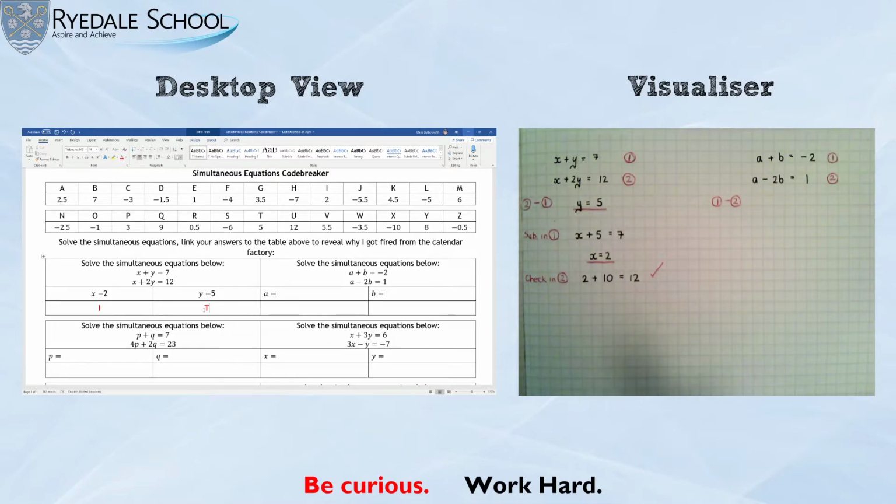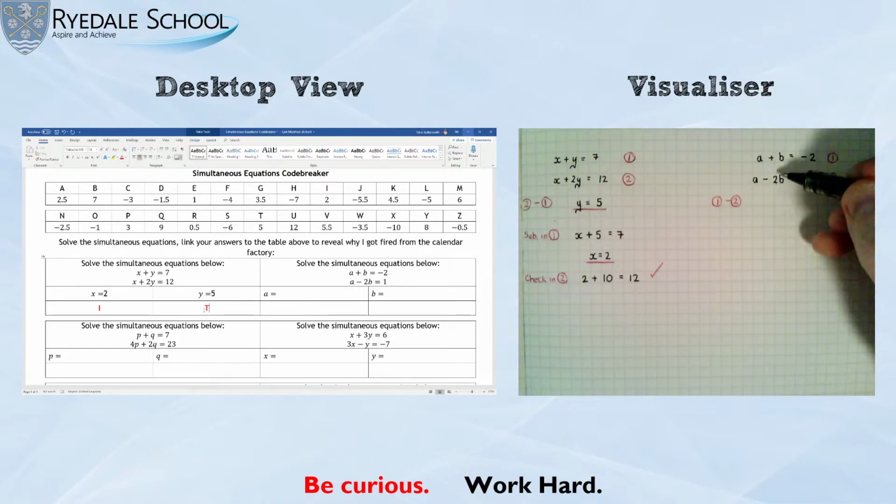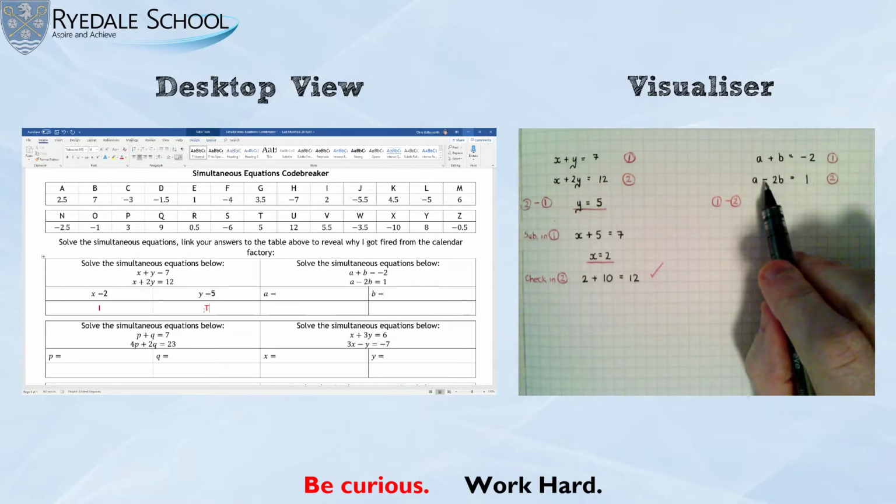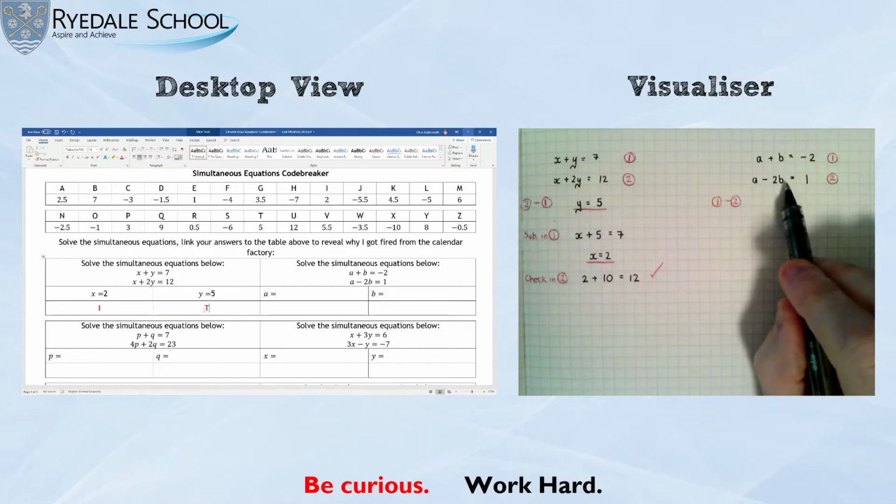So, I'm doing a take away a, and a take away a does disappear, it gets eliminated, that's what I wanted. But now we're going to need to be careful because I have a b and I am subtracting negative 2b. This negative sign belongs to this term.